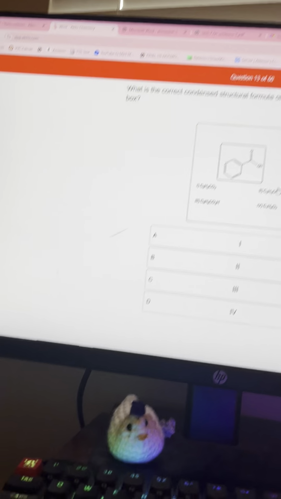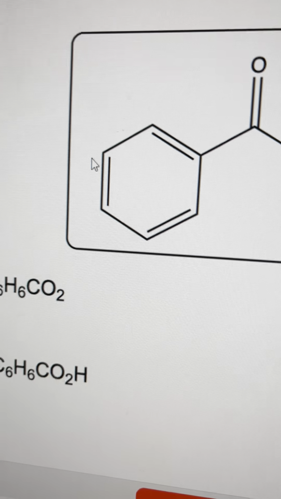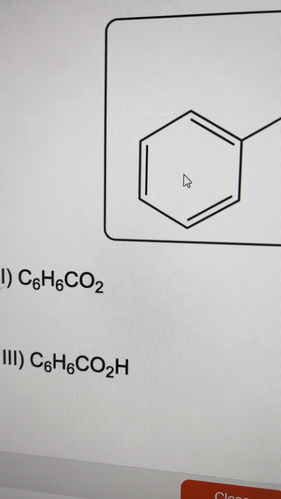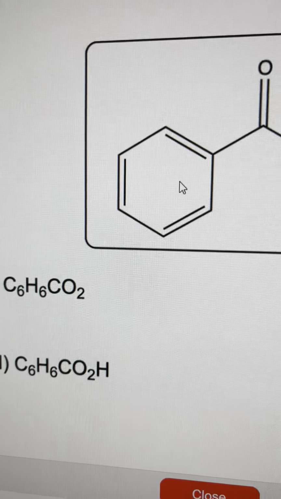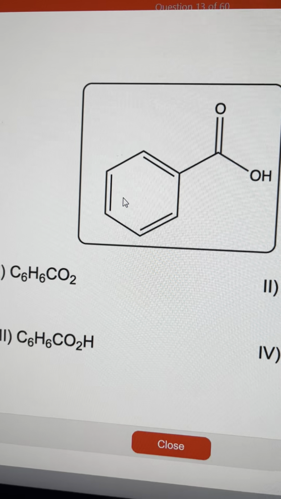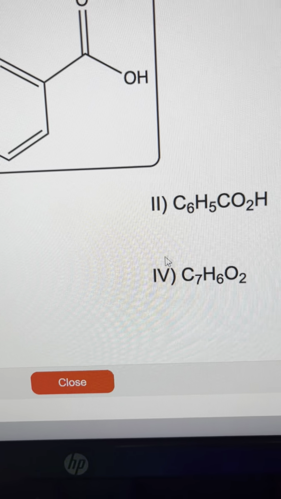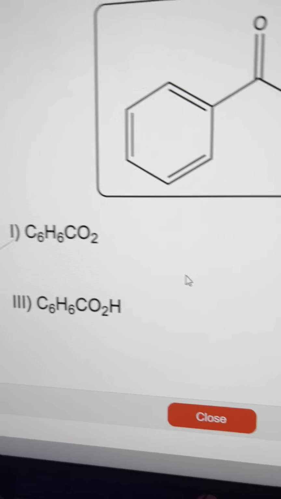Okay. This one. So remember, this is the benzene. It has C6H6. Remember that. So because it has C6H6, we have to look for those that have C6H6. That one doesn't, that one doesn't. So we have to cross those out.